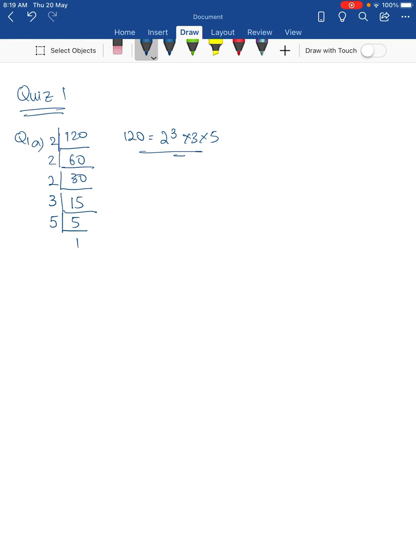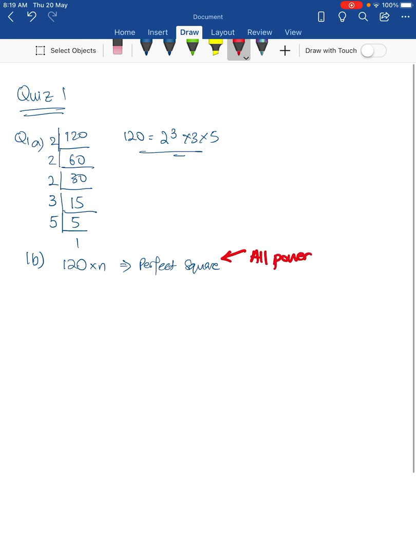Question 1B, we are looking at the perfect square. We want to convert the 120 to multiply by n such that it becomes a perfect square. So how do we do that? The condition for a perfect square, of course, is that the value of the power must be a multiple of 2.